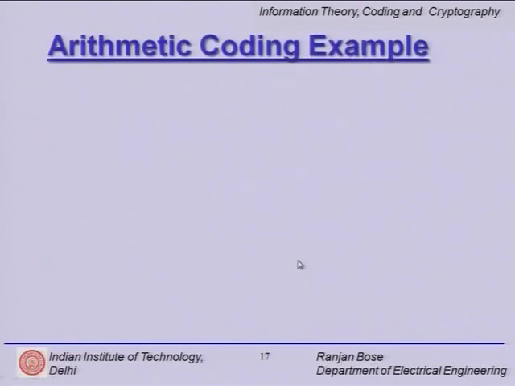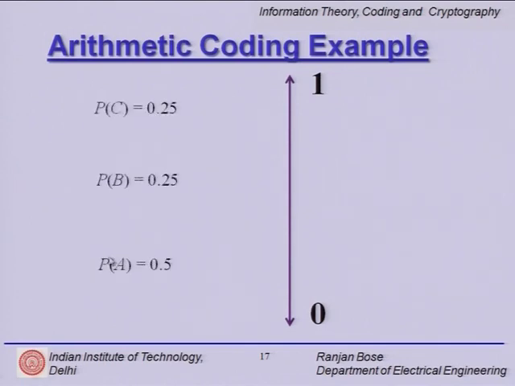So, let us graphically look at it. We have 0 and 1. This is our scratch pad, this is where we are going to work. Now, we have these three probabilities 0.5, 0.25 and 0.25. So, why don't we divide it? Half the line is the domain for A. What does it mean?